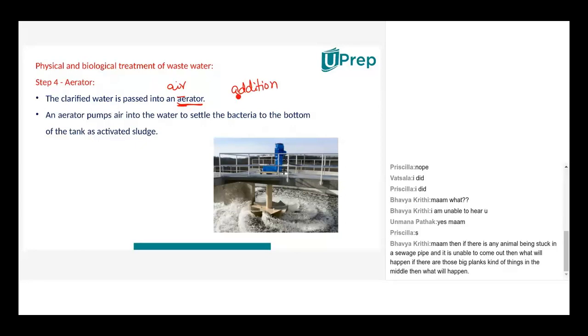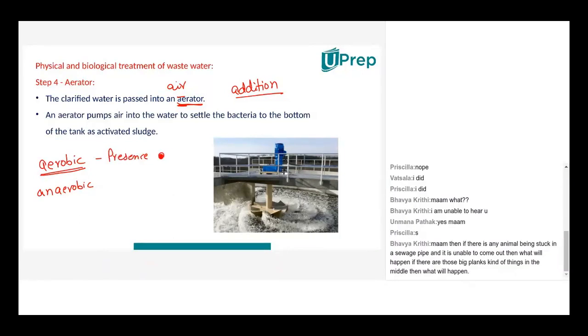Correct. So basically it is the addition of air. Aerator means it is the addition of air into the water to settle the bacteria to the bottom of the tank as activated sludge. Right? Remember I was talking about certain aerobic bacteria and there is something called anaerobic bacteria. Aerobic bacteria are bacteria which work very well in the presence of air.